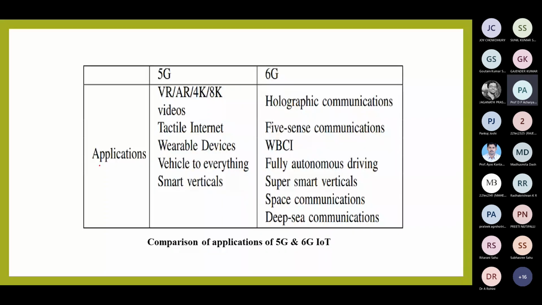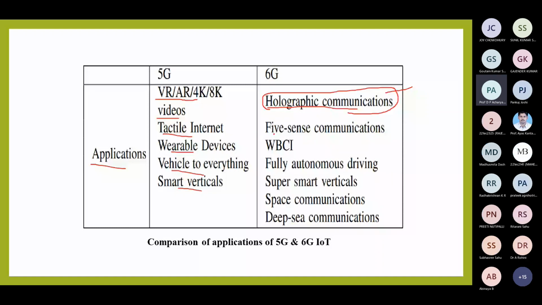Then application domains will be like virtual reality, augmented reality, 4K, 8K videos, tactile internet, wearable devices, vehicle to everything, smart verticals in 5G. But in 6G, we will have holographic communication protocols. So protocols are getting redefined in 6G. It will be holographic communications.